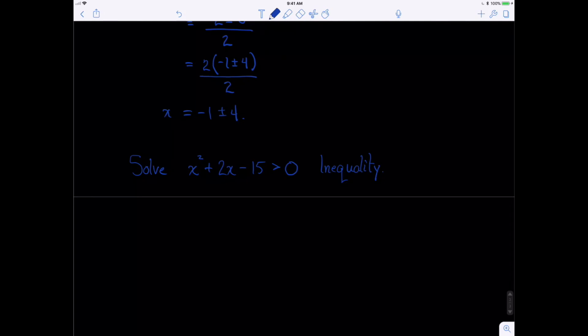And we're going to solve this by, first, finding when the quadratic is 0.